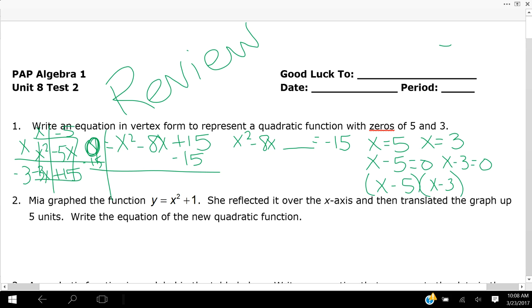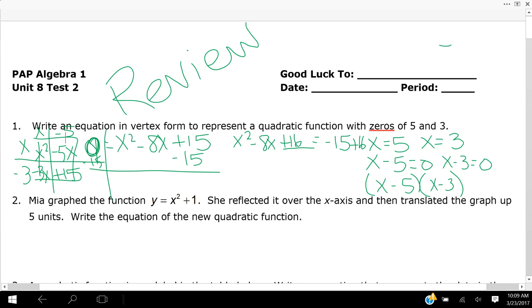So I'm trying to add something to my equation to make it a perfect square trinomial. If I know that it's minus 8x, I take half of 8, which is 4, and I square it, which means I'm going to have plus 16. So I add plus 16 to both sides.